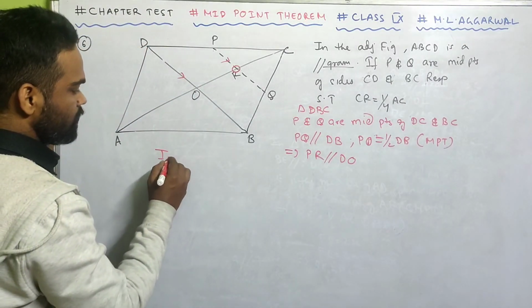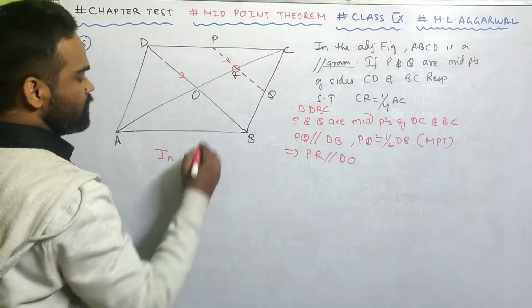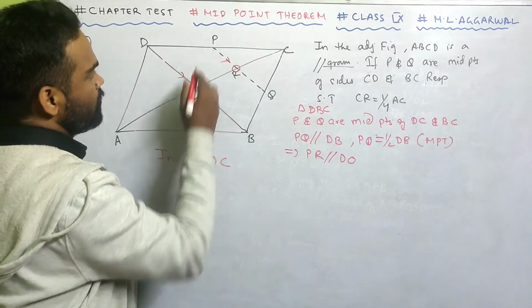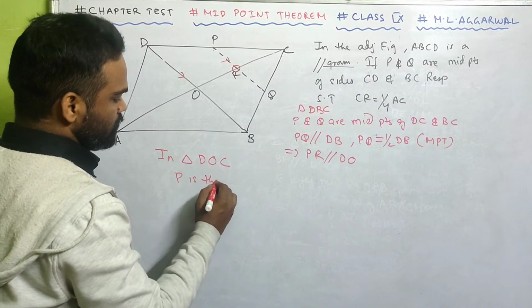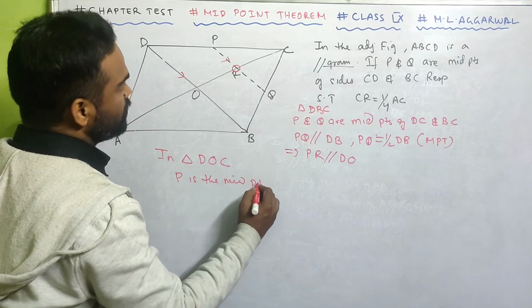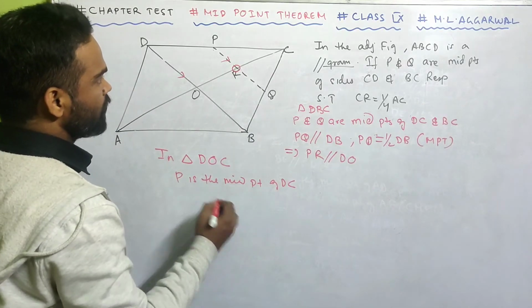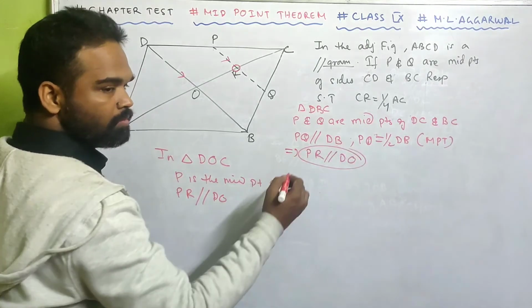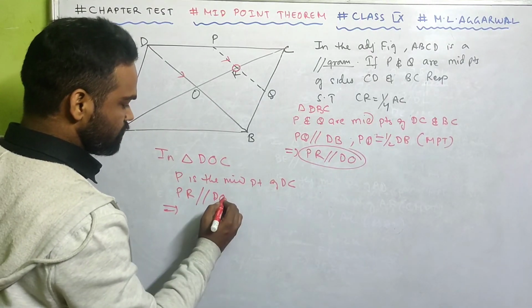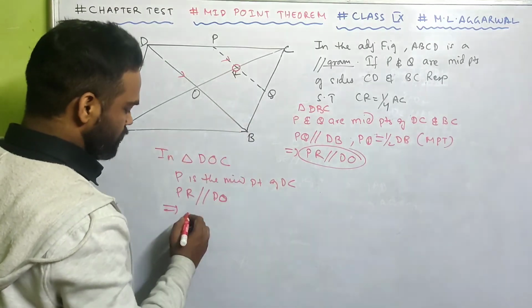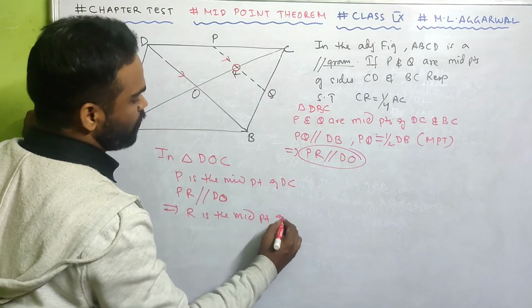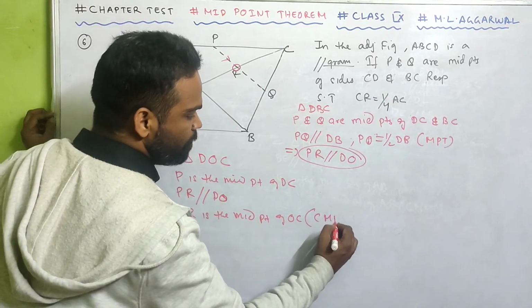Now in triangle DOC, just look carefully. P is the midpoint of DC and PR is parallel to DO, which means R is the midpoint of OC, by the converse of the midpoint theorem.